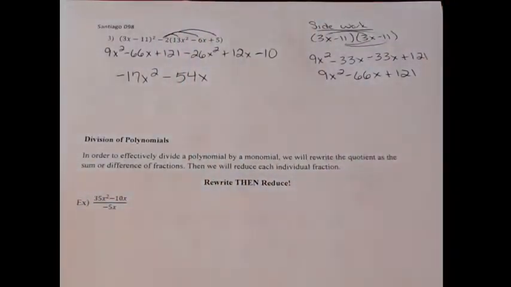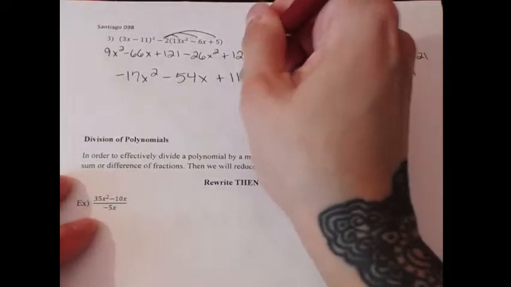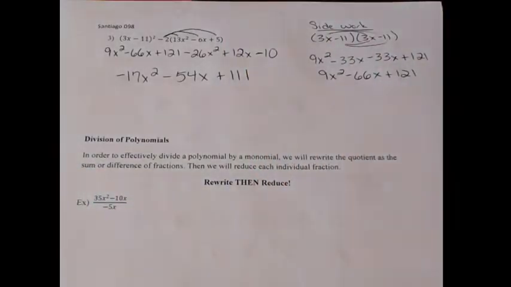And then lastly, I have a positive 121 minus 10, and that's going to give me positive 111. So excellent work, all of you, for sharing your answers. That is going to be the finalized solution, okay? So nicely done, Kayla. Nicely done.